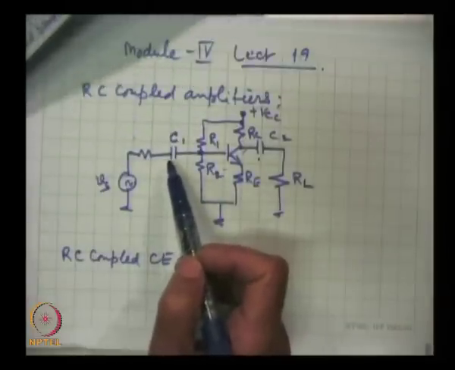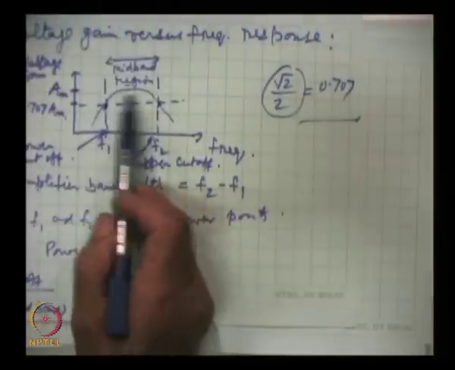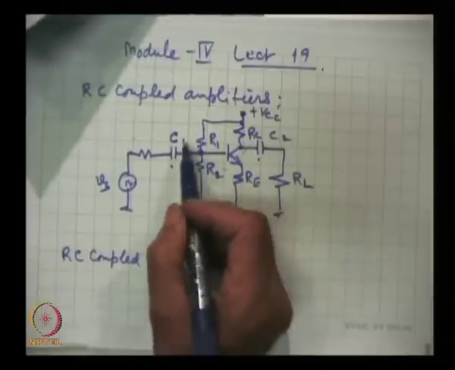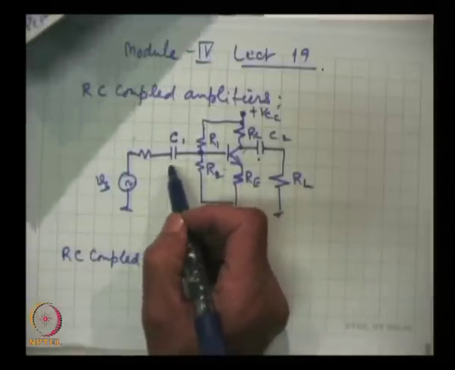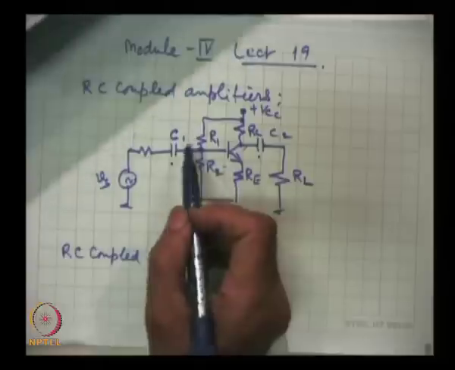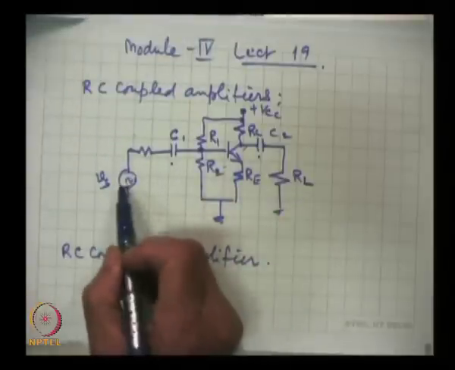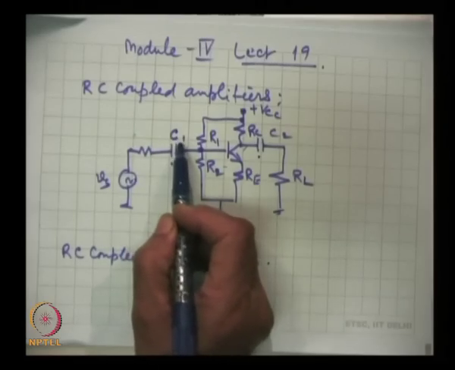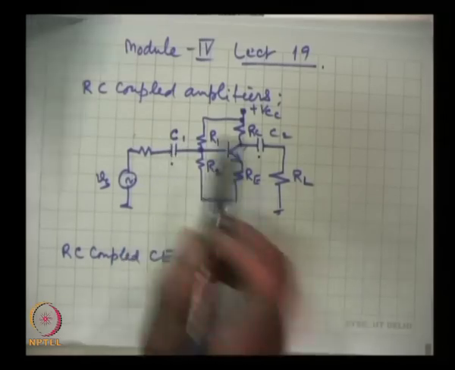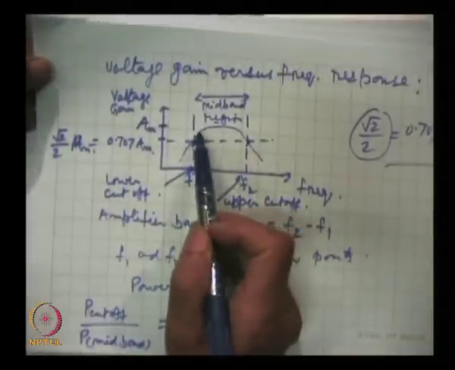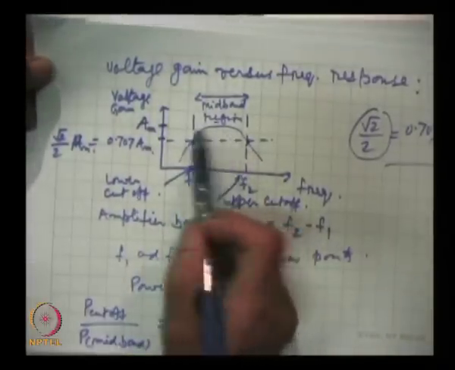In the mid frequency region the reactance of this capacitor is not much, and when the signal passes there is only a mild drop, which is insignificant in the mid band region.